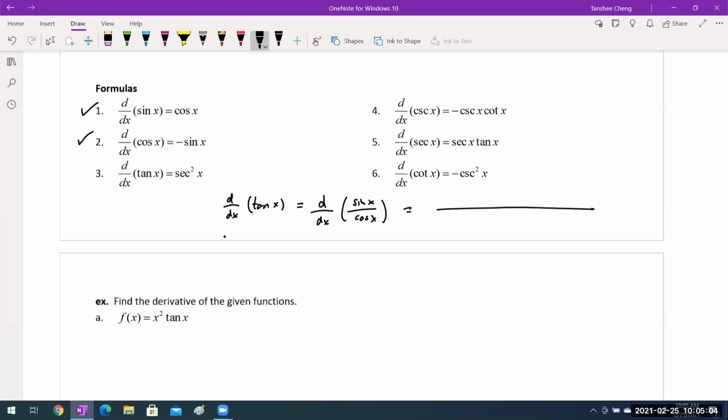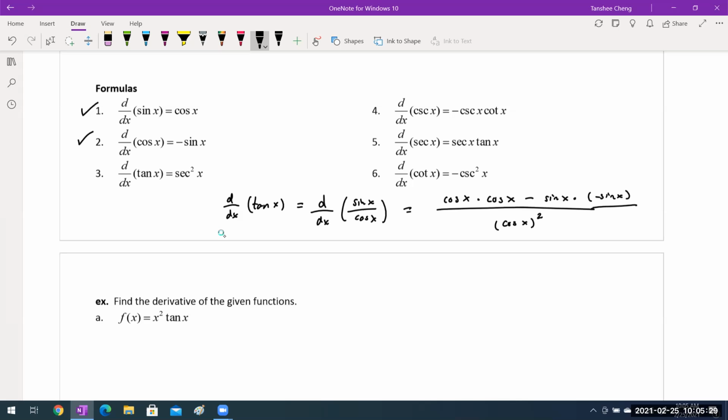So the derivative of sine is cosine x times the denominator, minus the numerator times the derivative of the denominator, which is, the derivative of cosine is negative sine x, all over cosine x quantity squared.